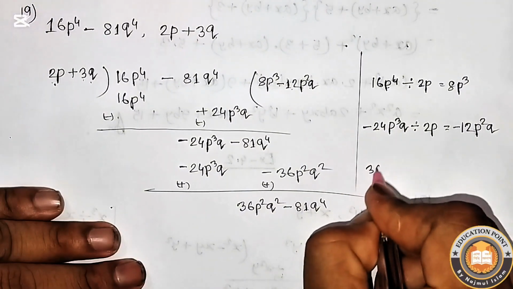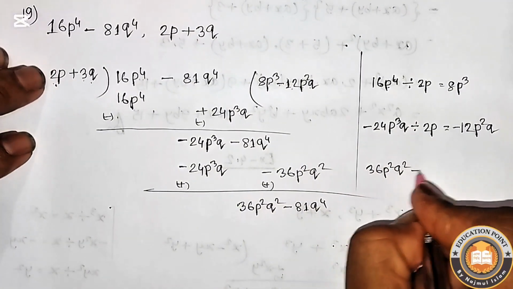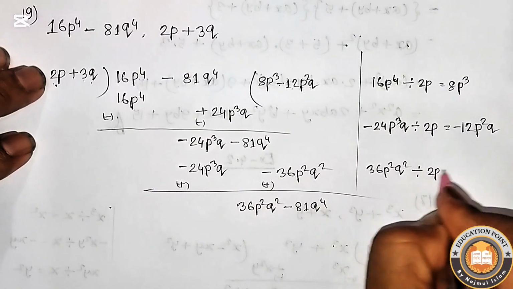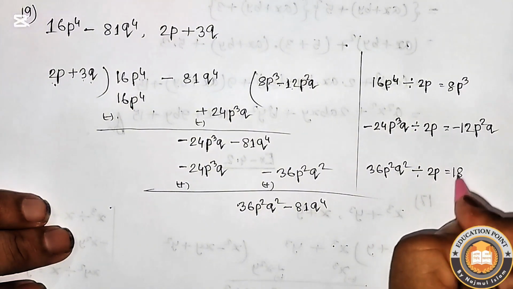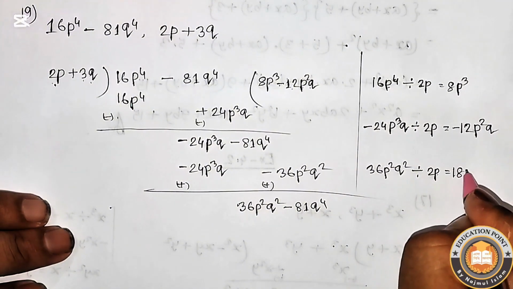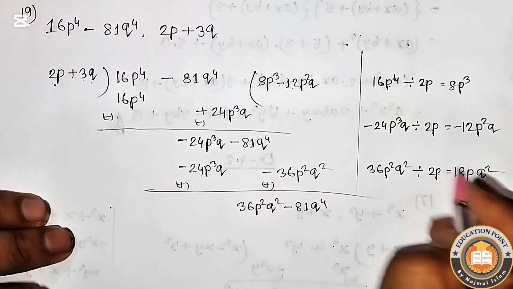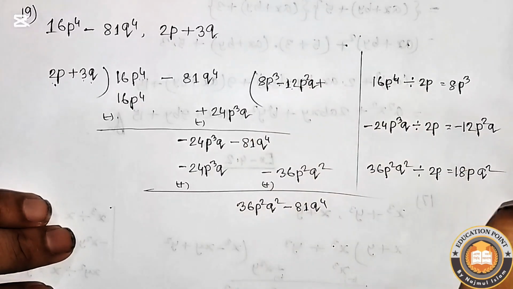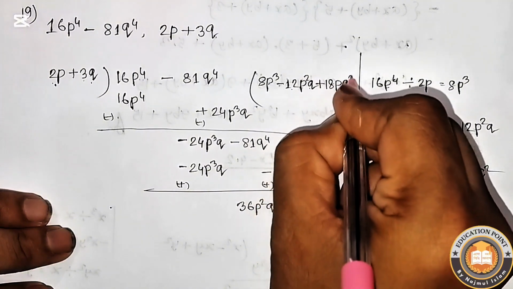Now 36 p square q square divided by 2p. 36 divided by 2 equals 18, p square divided by p equals p, then q square, plus 18p q square.